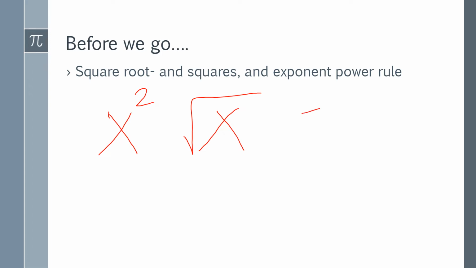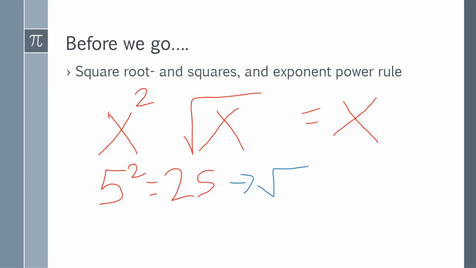They cancel out and I'll be left with x. Remember that. For example, we know that 5 squared is 25, right? But we also know that the square root of 25 is 5, and vice versa.